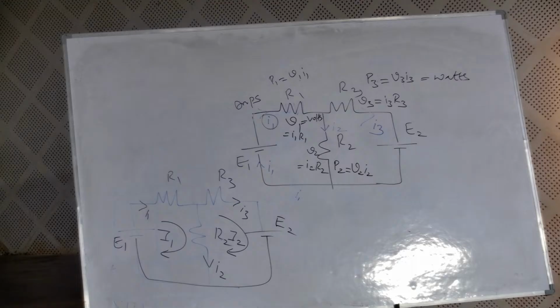Whichever you take, you'll get the same answer for I1, I2. Once you get I1, I2, you automatically get the branch currents small i1, small i2, small i3. Once you get the branch currents, you automatically get voltage drops and the power taken.